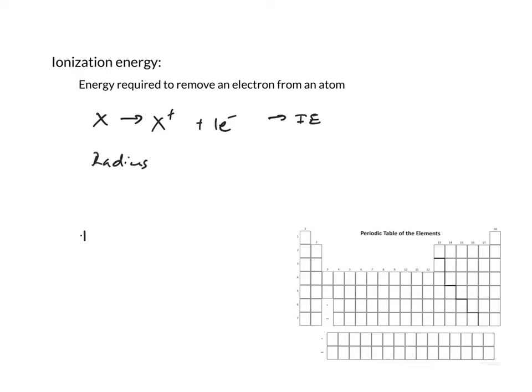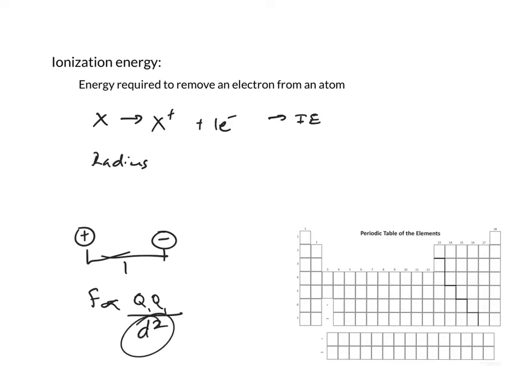Remember from last year, if I have oppositely charged things, I'm looking at the force between them, so how strongly they are attracting. And we say that the force depends on the amount of charge and the distance between them squared.